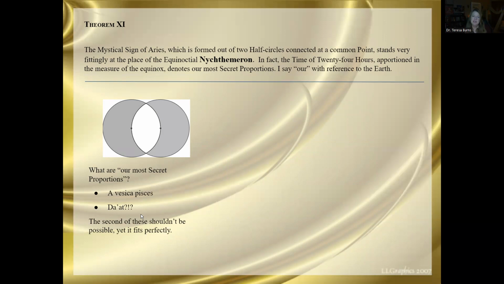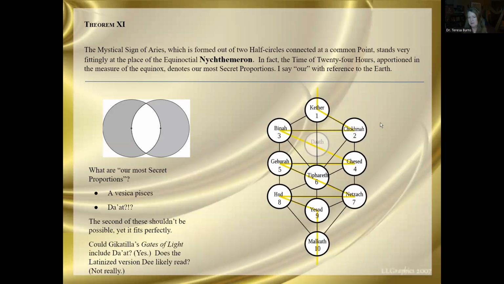That shouldn't be possible because Dee, according to conventional wisdom, wouldn't know about it. But we've already noticed that the conventional wisdom that Dee doesn't know this arrangement of the tree of life is false.